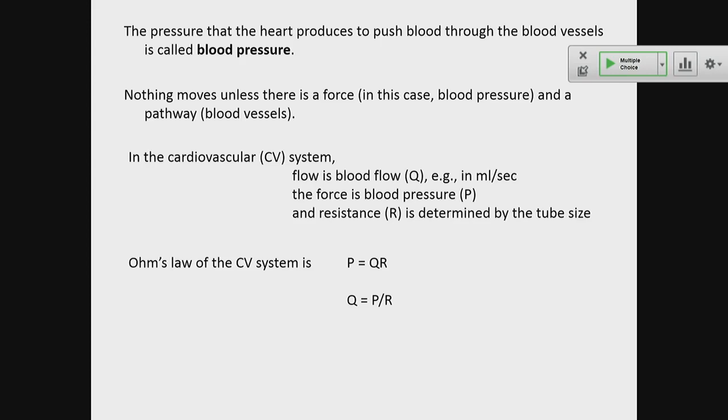Also keep in mind, as I already mentioned, that what you mostly need to be concerned with is the delta P, the decrease in pressure between one end of the blood vessel and the other end. That delta P in this case would be 20 millimeters Hg. That difference drives the flow down the pressure gradient.